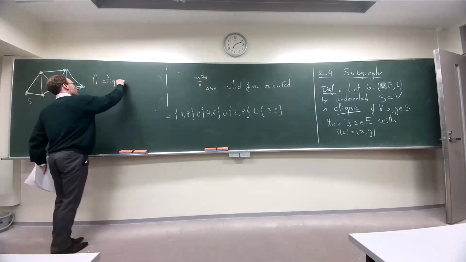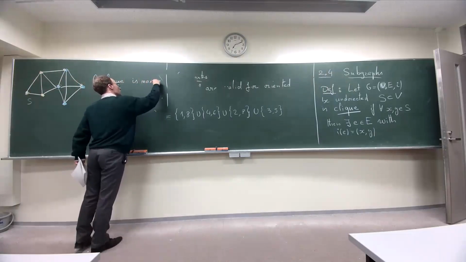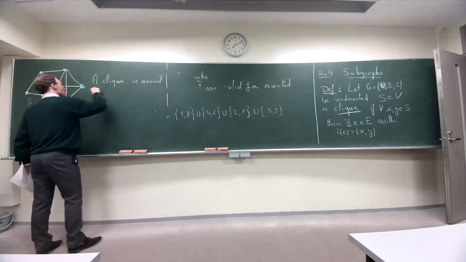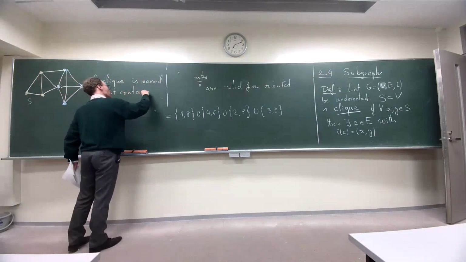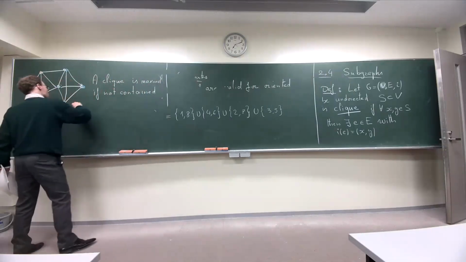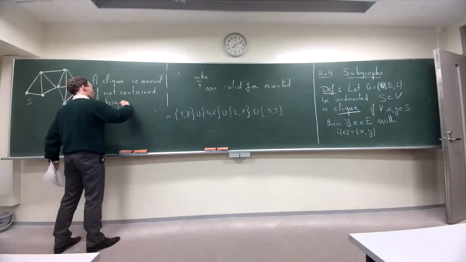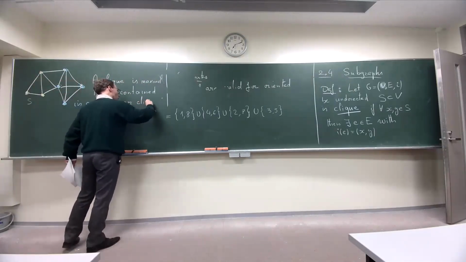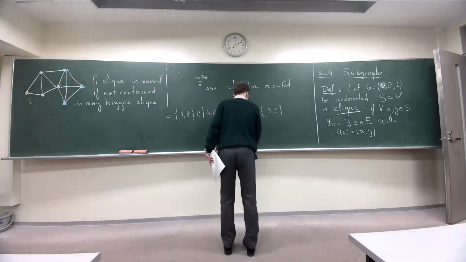No, let me just add, a clique is maximal if not contained in any bigger clique. Some also take this as a definition of a clique, but it's good to have more flexibility.